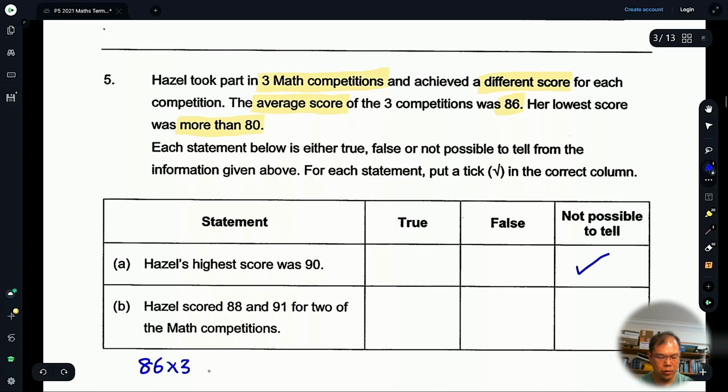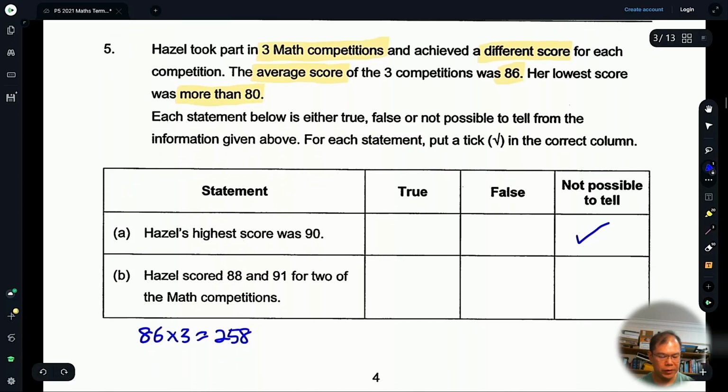Her total score would be 258. Okay, now her lowest score was more than 80. So in this case, more than 80, it could be 81, it could be 82, it could be 83.